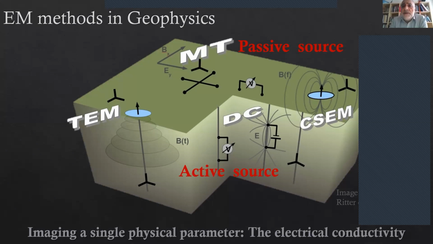These EM methods can be grouped as passive source or active source. Active source is a man-made source where you inject energy into the subsurface and measure the responses, while in passive source methods like magnetotellurics, we don't have a transmitter. We use the natural EM wave that is coming from the ionosphere.